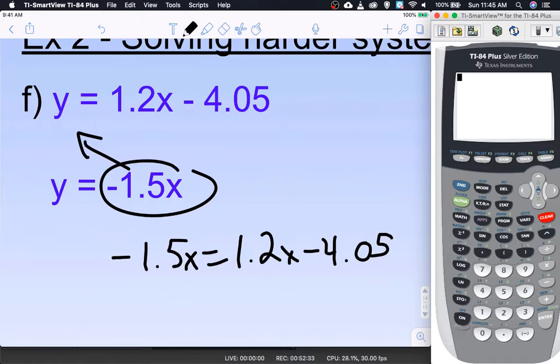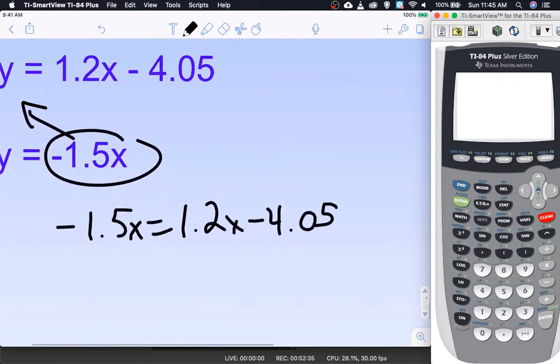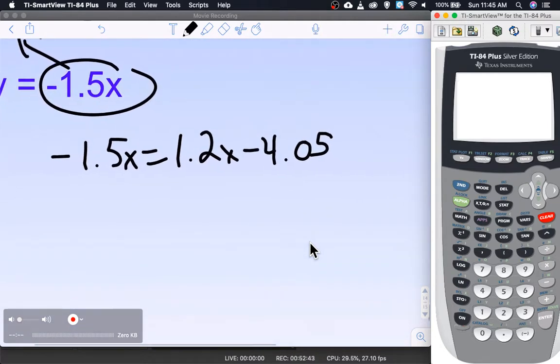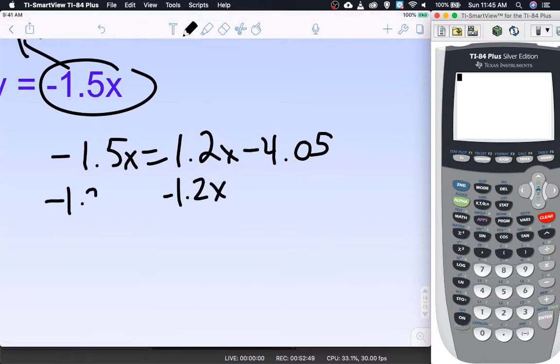You could substitute first. If the decimals here really bother you, you can multiply everything by 10. This would become a negative 15, a positive 12, and a 40.5. Or, using the calculator, you just keep solving. Subtract 1.2x on both sides. You get negative 2.7x equals negative 4.05.